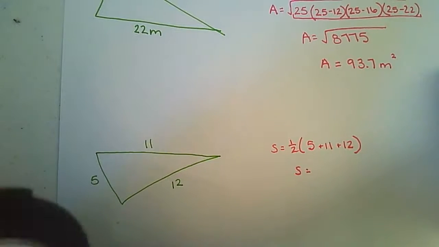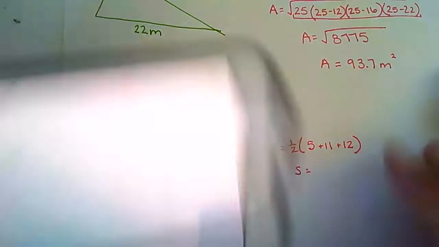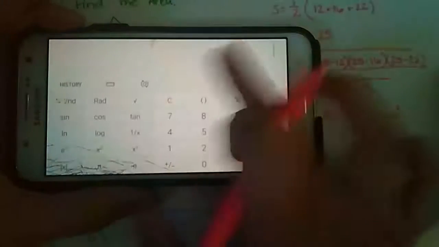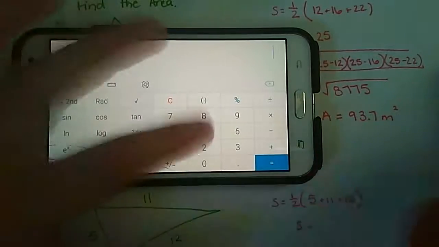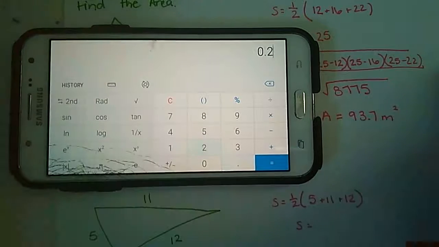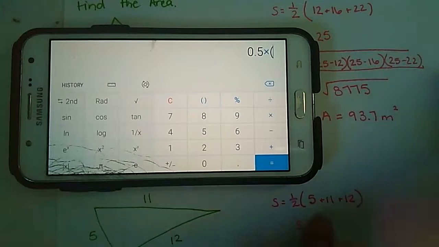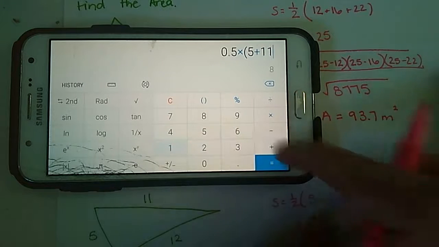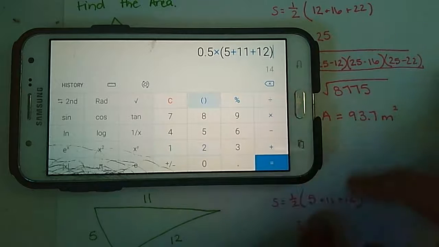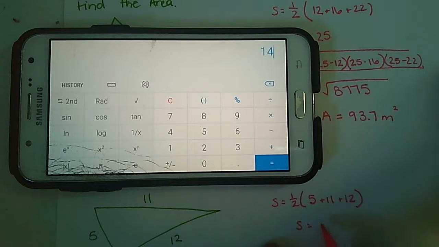All right, and now when I type this in, I have a half, or 0.5, times 5 plus 11 plus 12. And I get 14 for my S value.